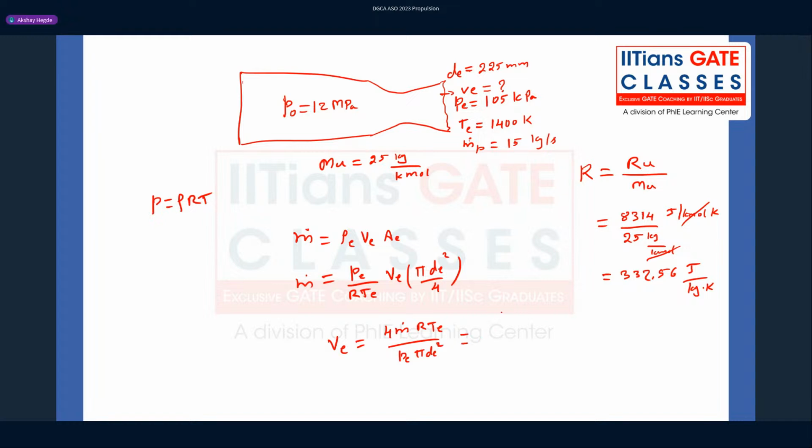If we substitute all the numbers, the mass flow rate is 15 kg per second, the gas constant is 332.56 joules per kg Kelvin, and the temperature is 1400 Kelvin, divided by the pressure, which is the exit plane pressure, remember, that is 105 kilopascal.